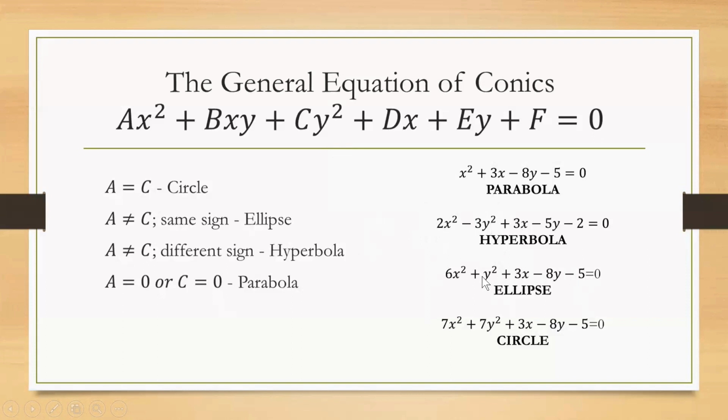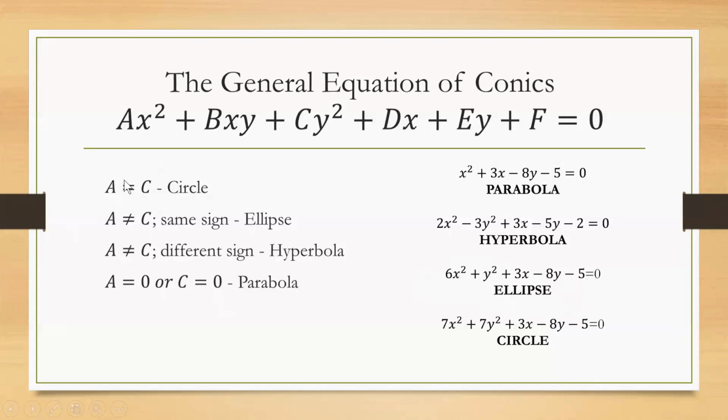Next equation: 6x squared plus y squared plus 3x minus 8y minus 5 is equal to 0. This is an ellipse because though our A and C coefficients are different, they still have the same sign.